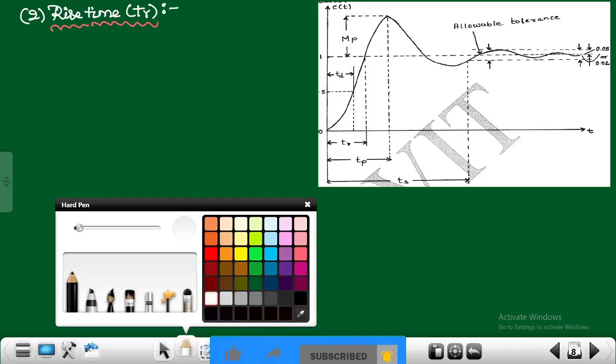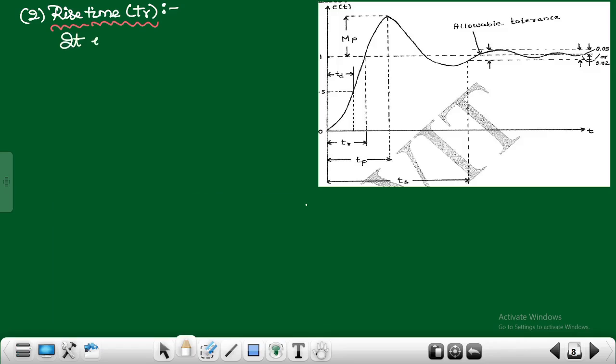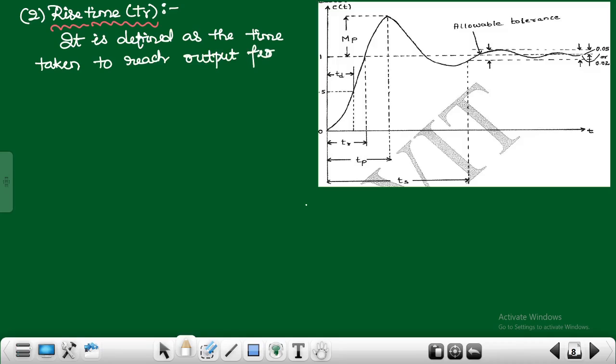It is defined as the time taken for the output to reach from 0% to 100% in the first attempt. That is called the rise time.